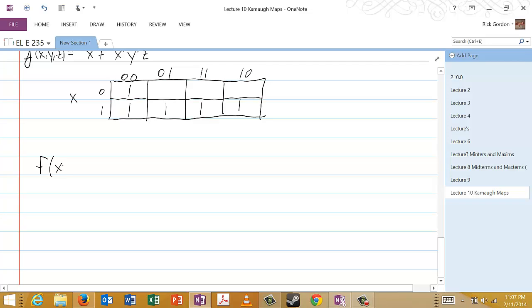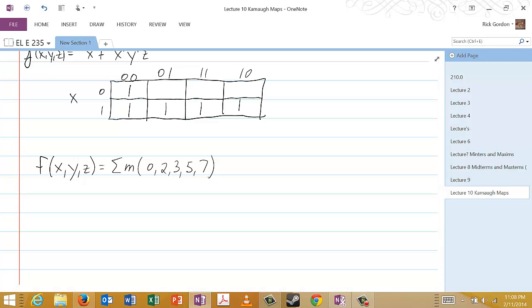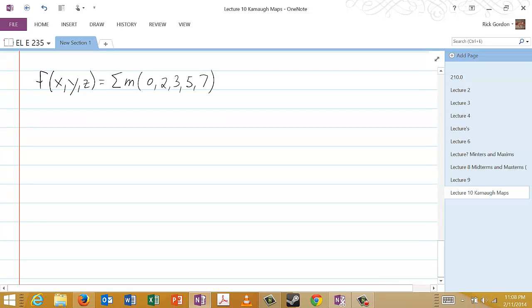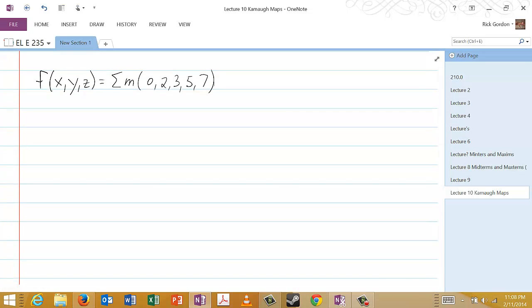So, for instance, let's suppose we had f of x, y, z equals the sum of the minterms 0, 2, 3, 5, and 7. And we want to know the Karnaugh map for this. Well, this is actually very easy.